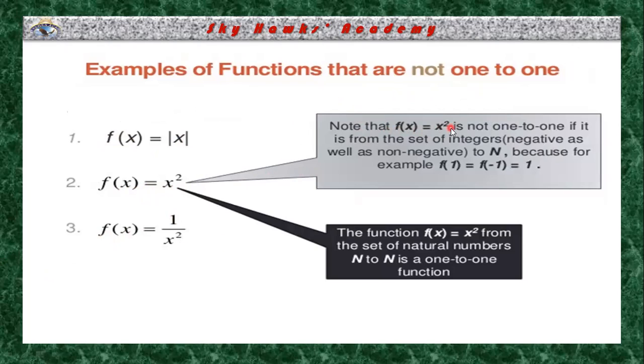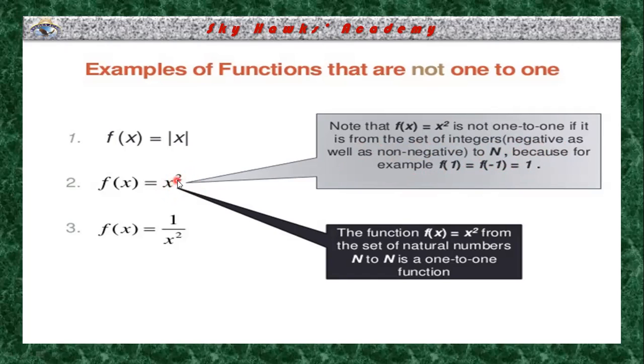Note that f(x) equal to x square is not 1 to 1 if it is from the set of integers, negative as well as non-negative. Because, for example, f(1) is 1 and f(-1) is 1, because due to the square, the negative value also becomes the same. So the square of the negative value is the same.